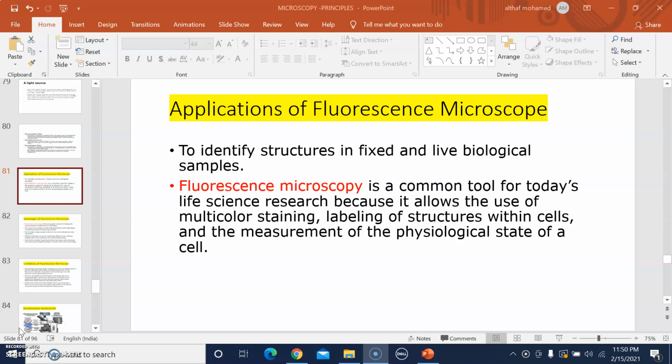According to its applications, the fluorescent microscope is used to identify structures in fixed and live biological samples. It is also a common tool for today's life science research because it allows the use of multicolor staining, labeling of structures within the cells, and the measurement of the physiological state of a cell.